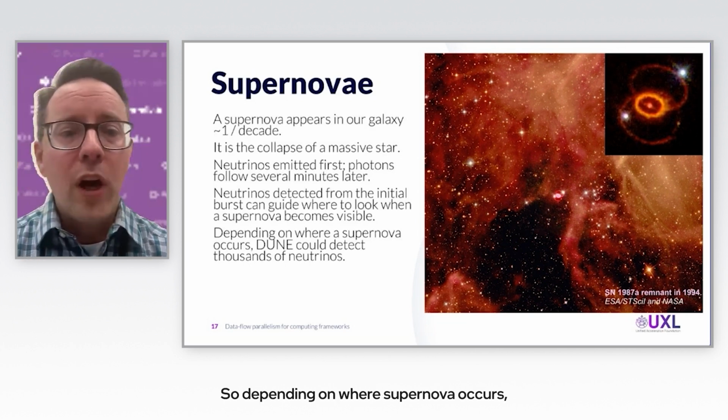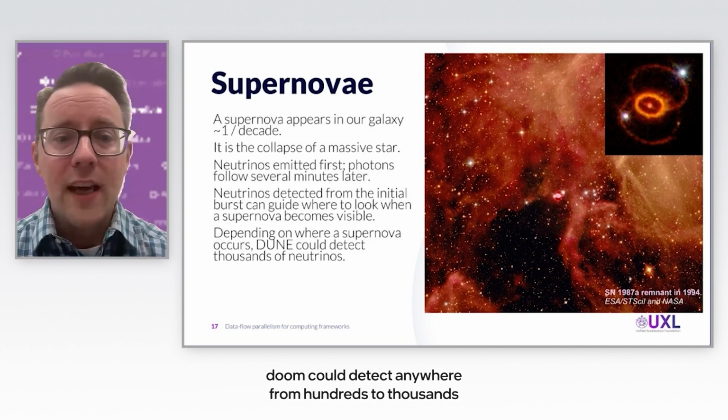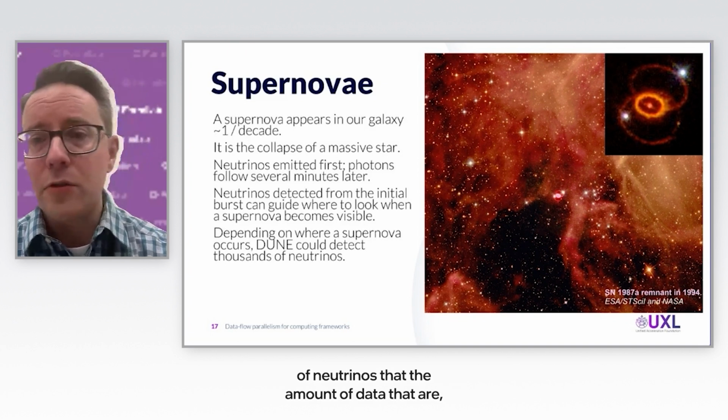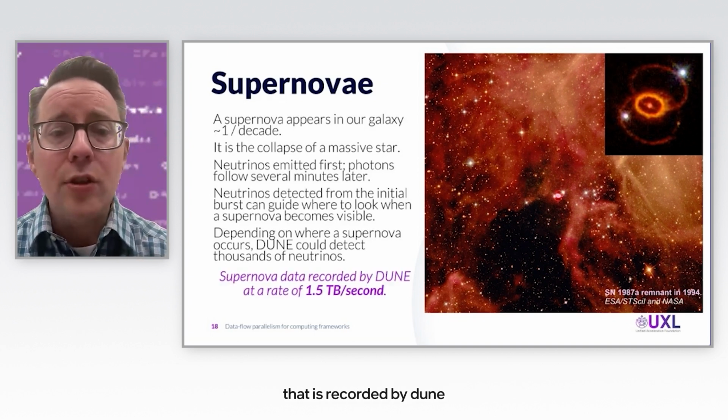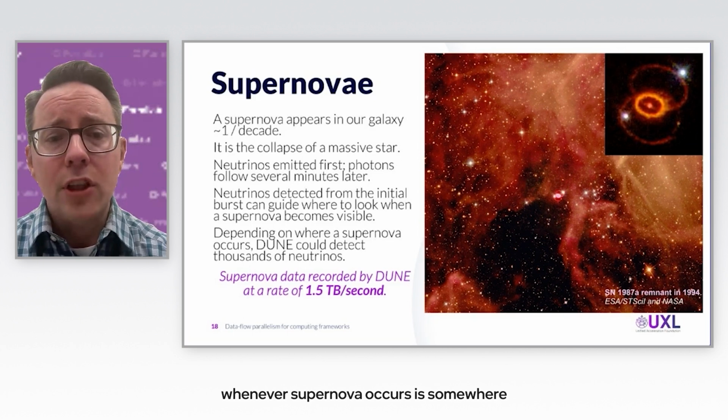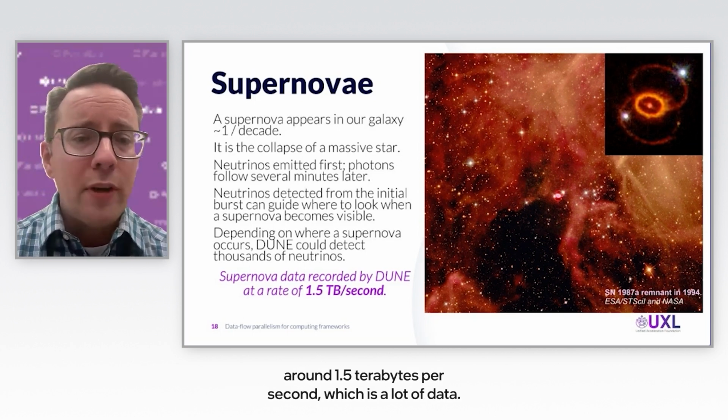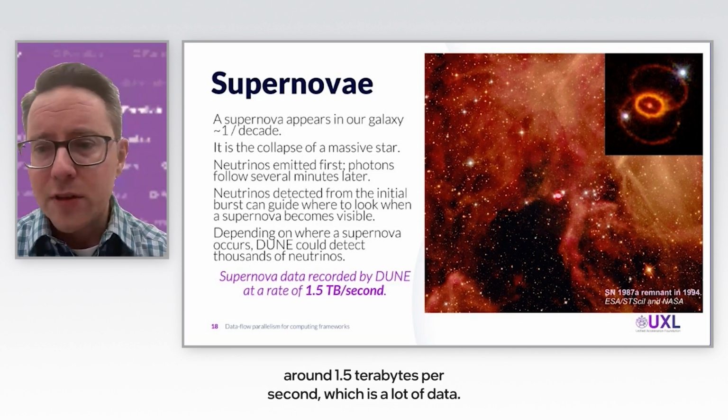So depending on where supernova occurs, DUNE could detect anywhere from hundreds to thousands of neutrinos. The amount of data that is recorded by DUNE whenever supernova occurs is somewhere around 1.5 terabytes per second, which is a lot of data.